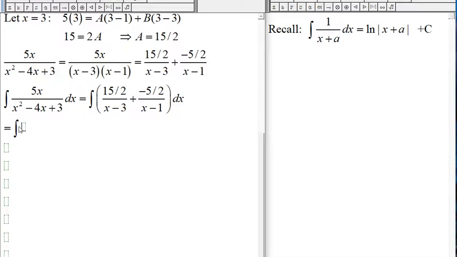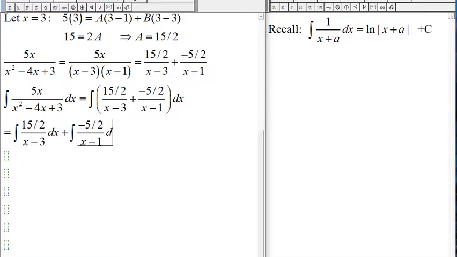So this will be the integral of 15 halves divided by x minus 3 dx, and then the integral of negative 5 halves divided by x minus 1 dx.